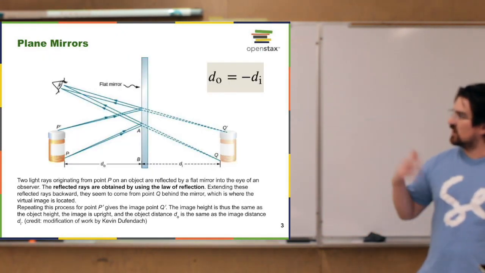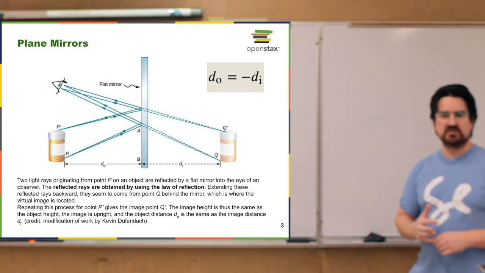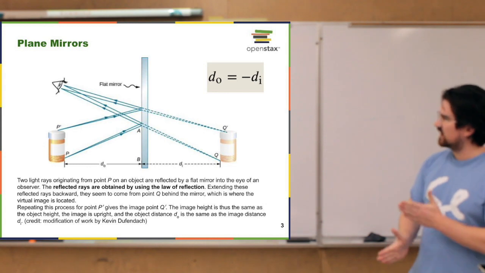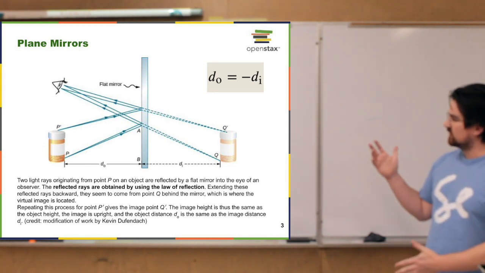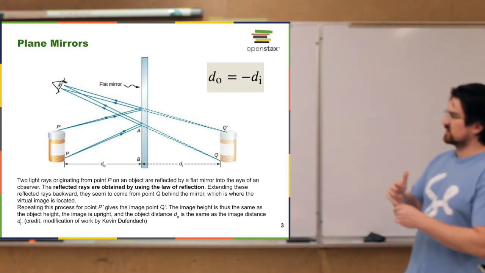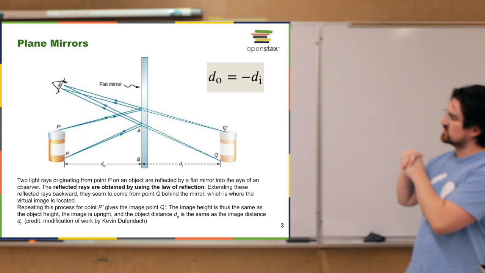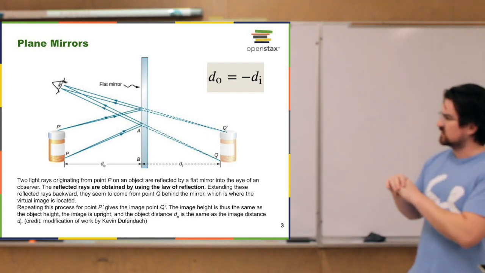The first optical element we're going to look at is the plane mirror, essentially the simplest kind of optical element, just a flat reflecting surface. Here we see that flat mirror, as well as an eye to represent where we're looking at this mirror from, and an object placed in front of the mirror.